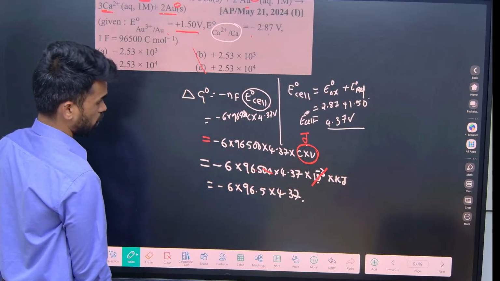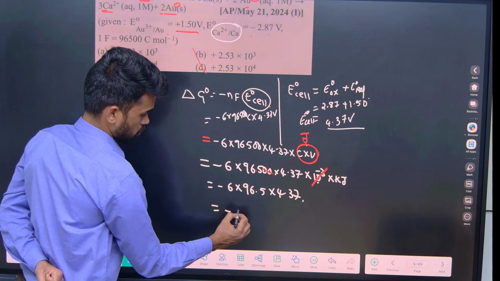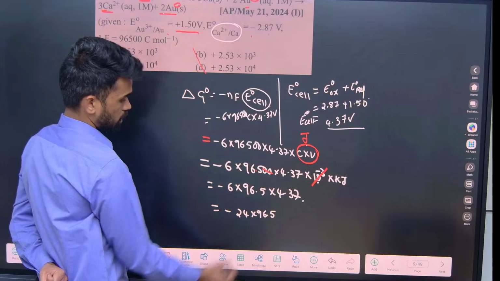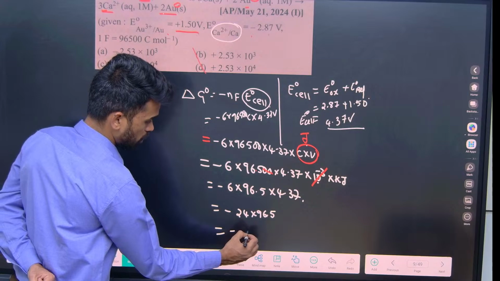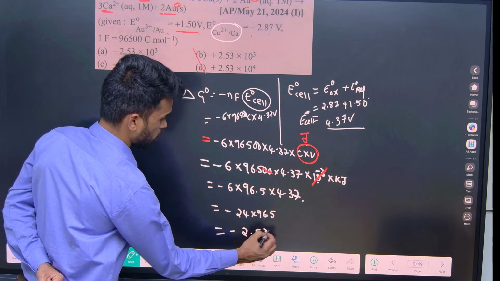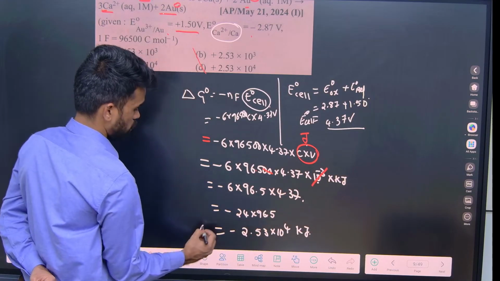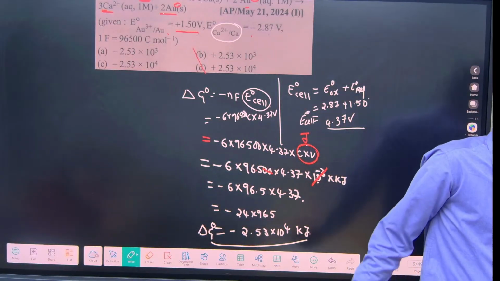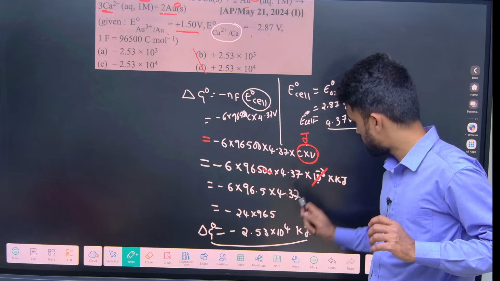We are going to get minus 24 into 96.5, which means 2 into 10 power 4. So it will be 2.53 into 10 power 4, that will be your answer, in kilojoules. Like this you can solve it. If you want, simplify that and verify whether option 1 or 3.